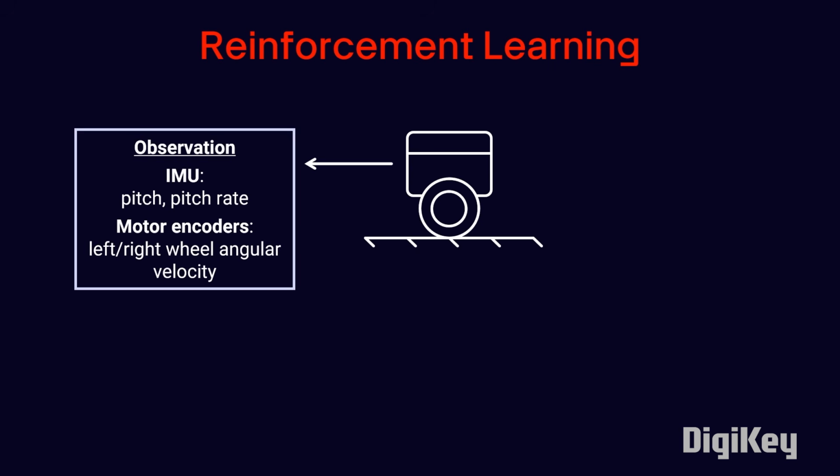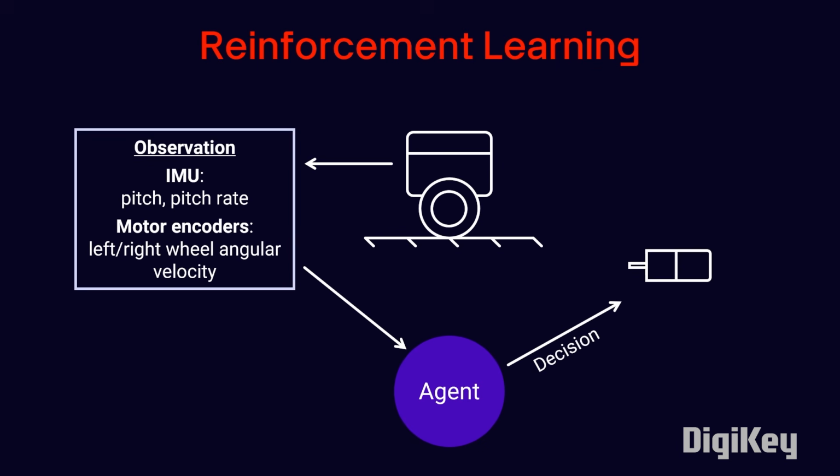This observation is sent to the agent, which is our decision-making code. The agent is responsible for taking in an observation and deciding what action to take. It's the part of the code that gets automatically updated during training, and it attempts to make decisions that maximize total rewards received.